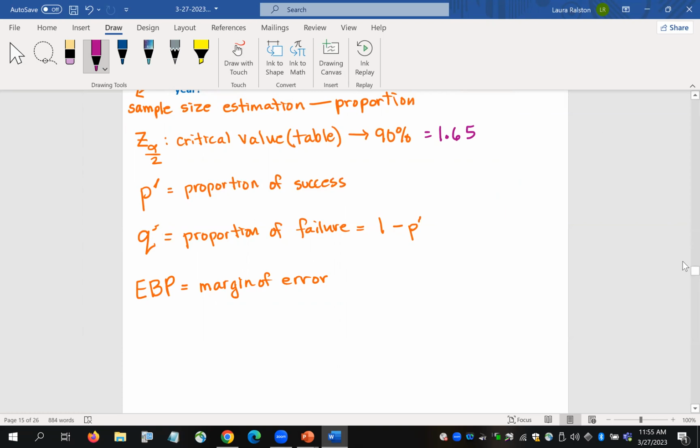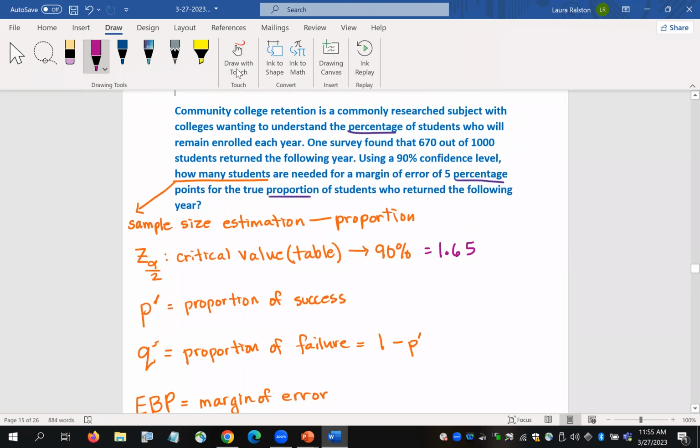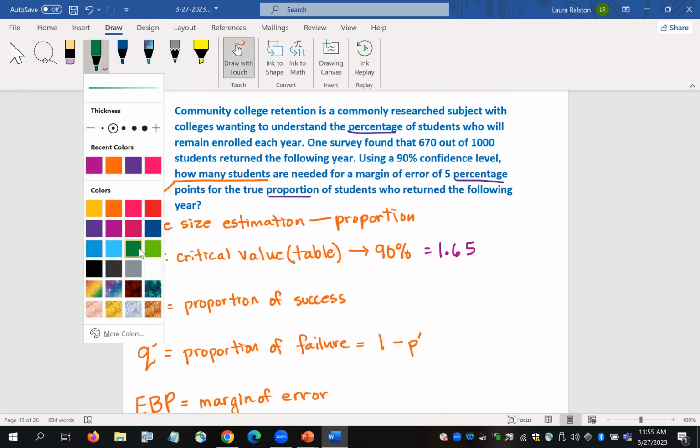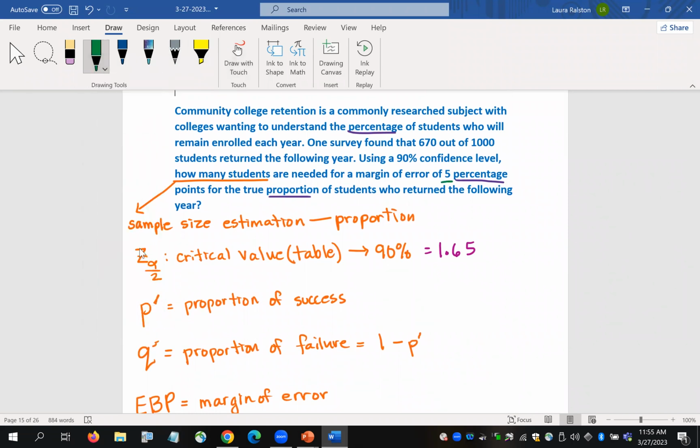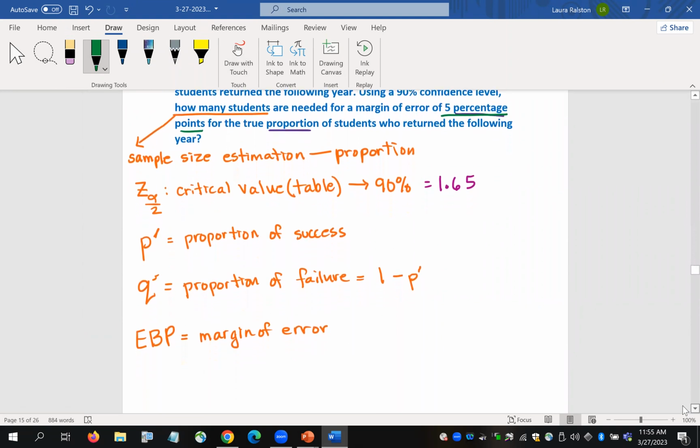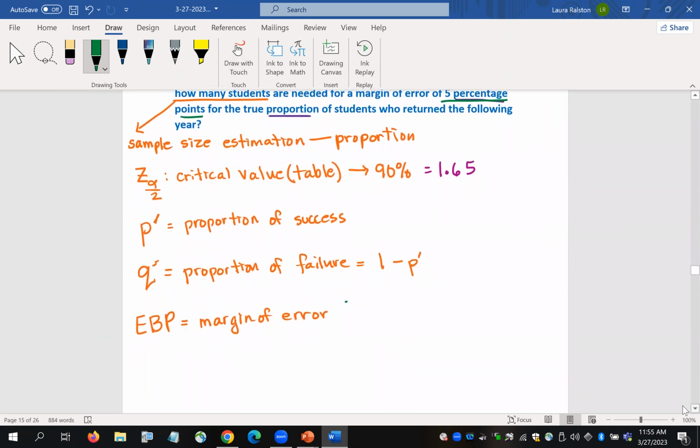I'm going to go ahead and do my error bound, or my margin of error. Ms. Ralston made it up, but the margin of error is 5 percentage points. So 5%, convert it to a decimal. Remember, that's 5 divided by 100, which is 0.05.